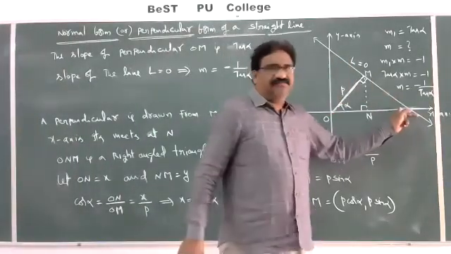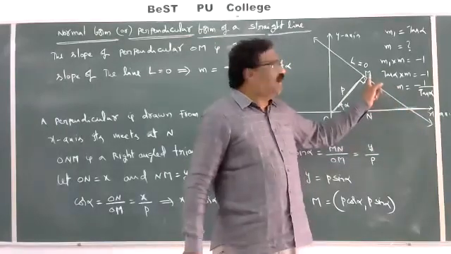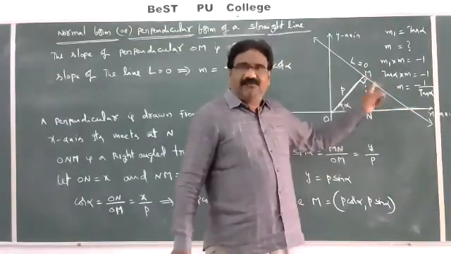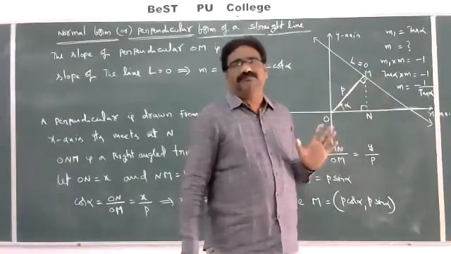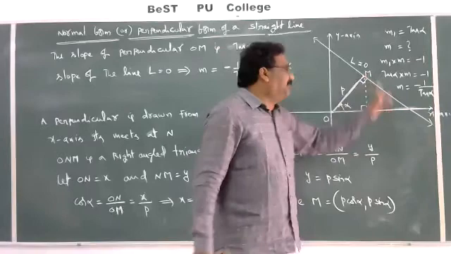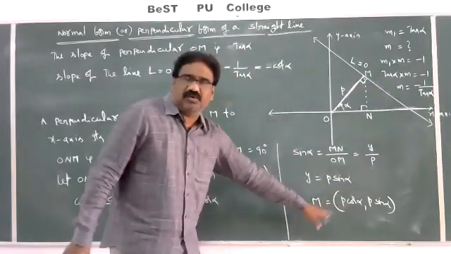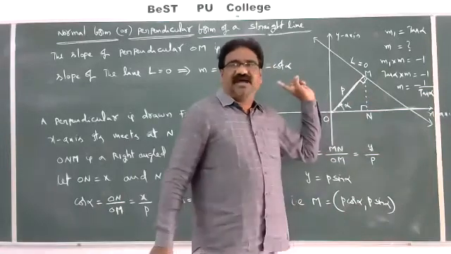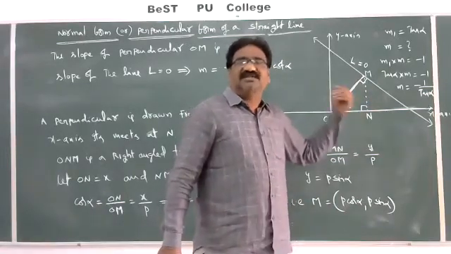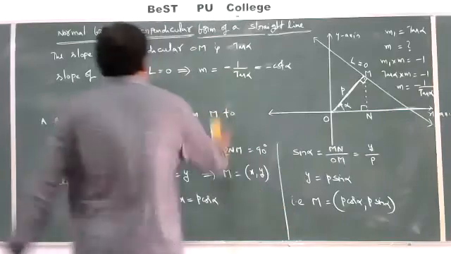This is the line L. The line passes through the point M, which we know, and the slope of the line is minus cot alpha, which we know. Apply the slope and point form.